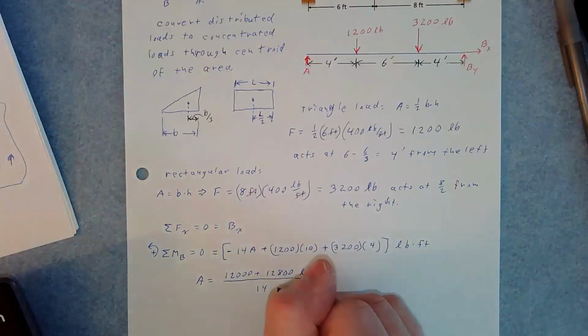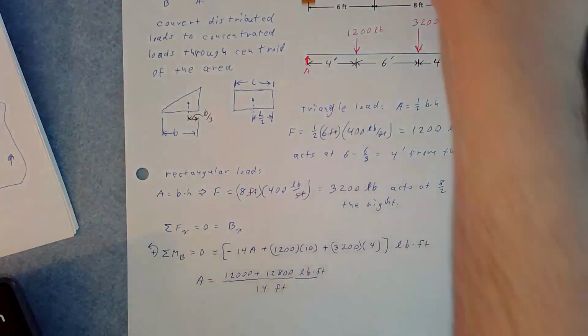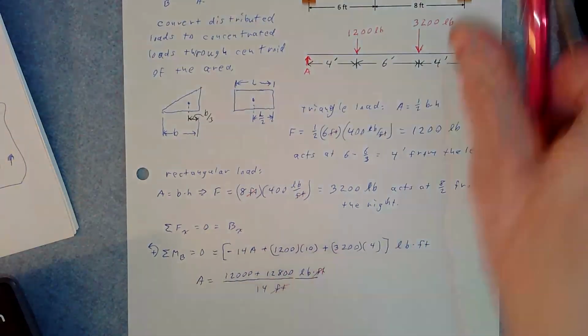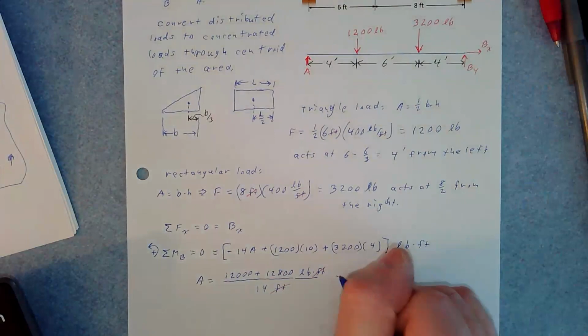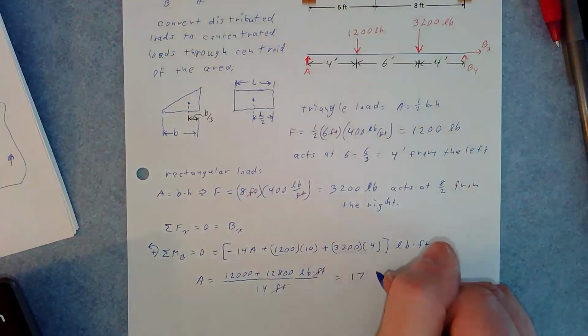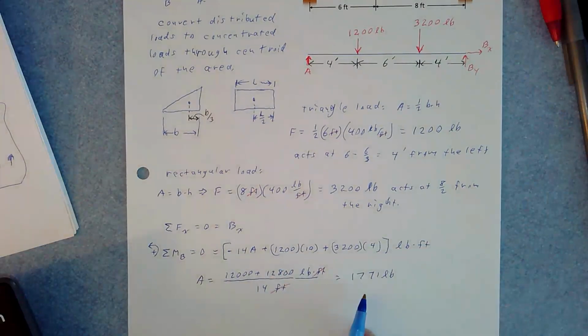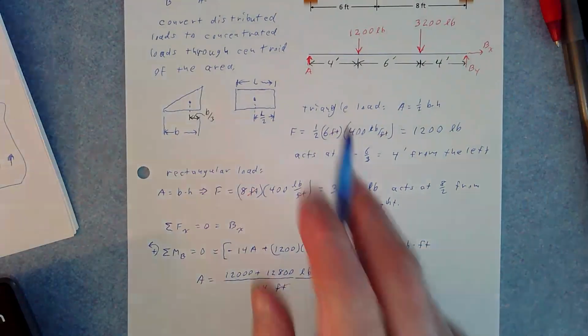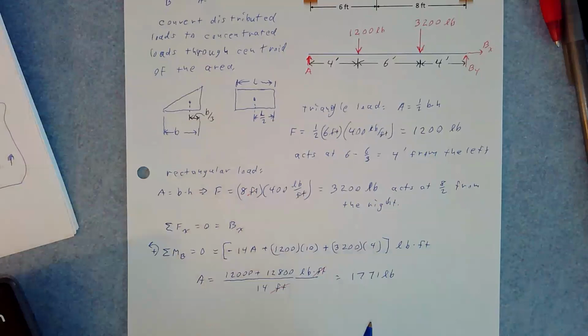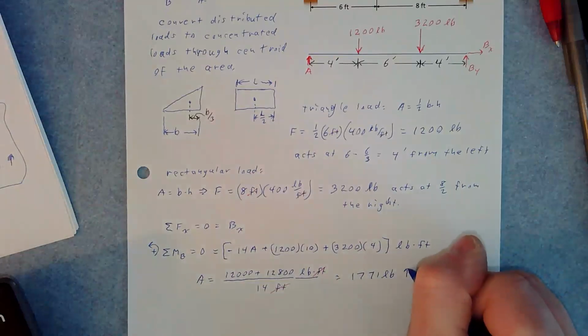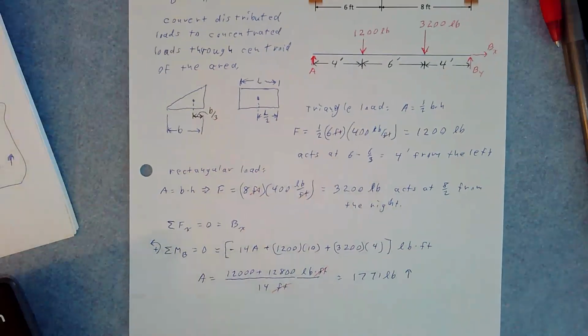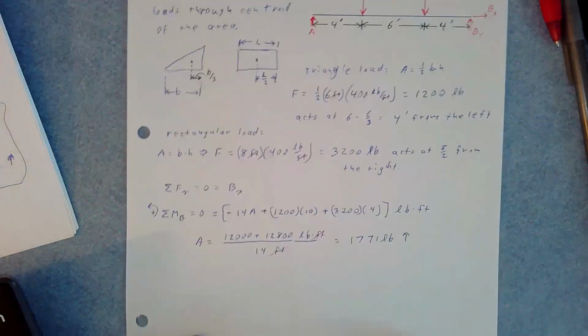The 14 is the feet. Well, feet are going to cancel. We're left with pounds. And this turns out to be 1,771 pounds. Now, this came out positive, right? We treated upwards as positive. So this means this is definitely in the upward direction. And I'll report that at the end in one big box.